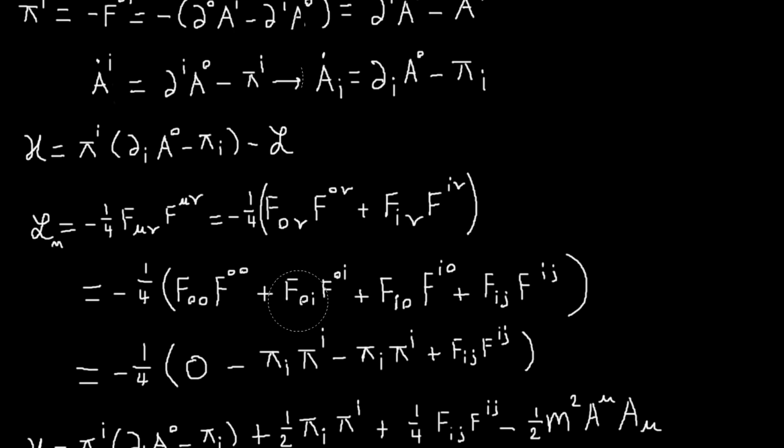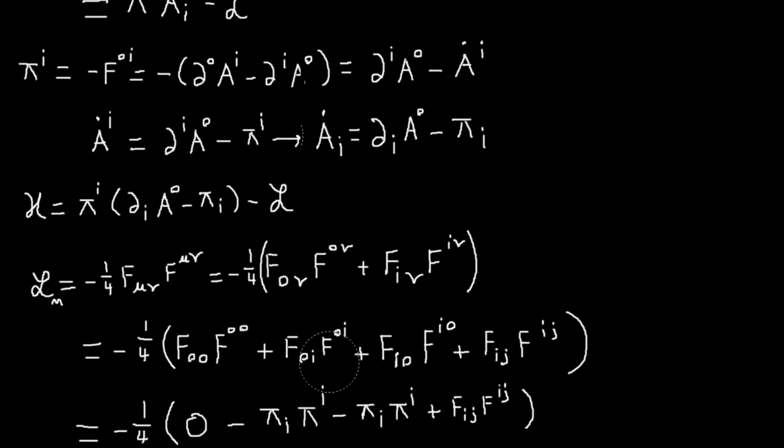So we can immediately replace these things with our conjugate momenta densities. And then this sum over the spatial part of the Lagrangian won't involve any time derivatives, so we can just leave that alone. So that part of the Lagrangian can be written in terms of the conjugate momenta in this way.